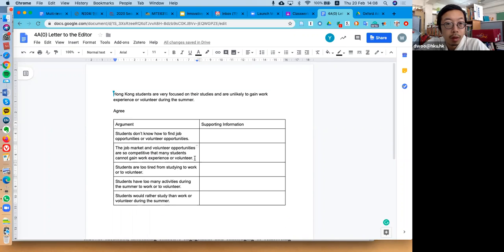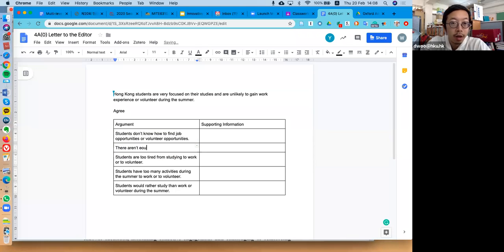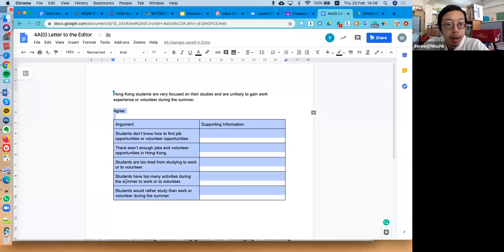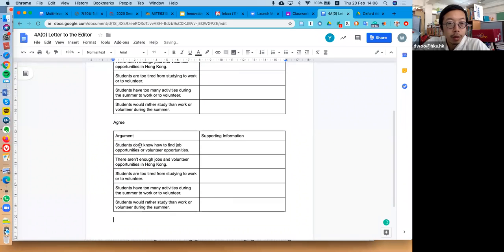Okay. In other words, there aren't enough jobs and volunteer opportunities in Hong Kong. Okay, so here are 5 possible reasons. And then you have to provide some supporting information. Let's quickly go to disagree.